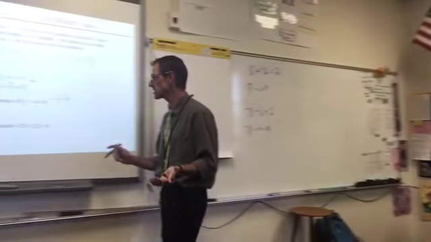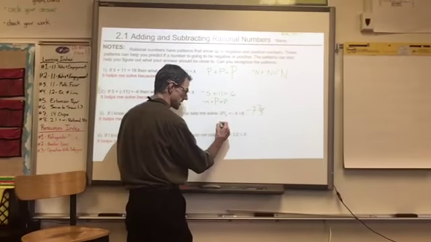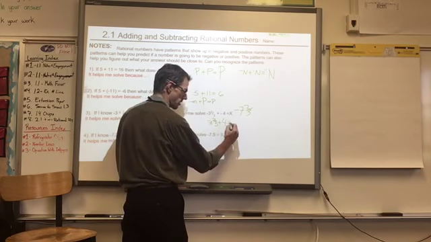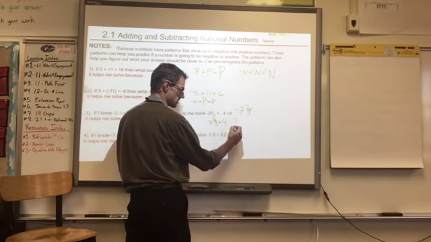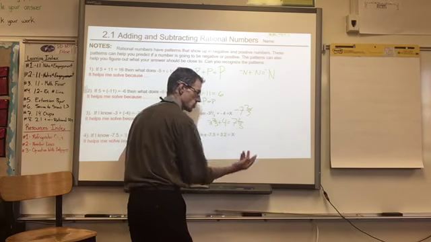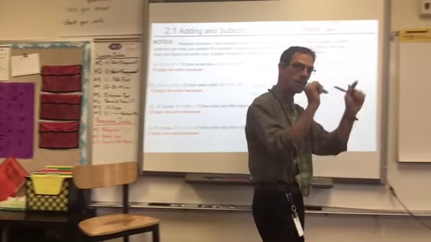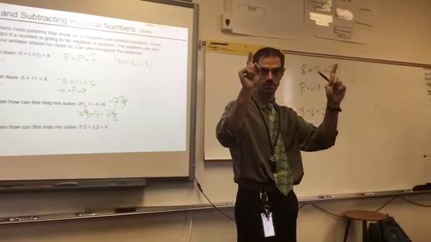So negatives act just like positives, because if this was a positive 3 2/3 plus a positive 4, you guys know that that is 7 2/3. Well, negatives are exactly the same way when they both are negative, right?